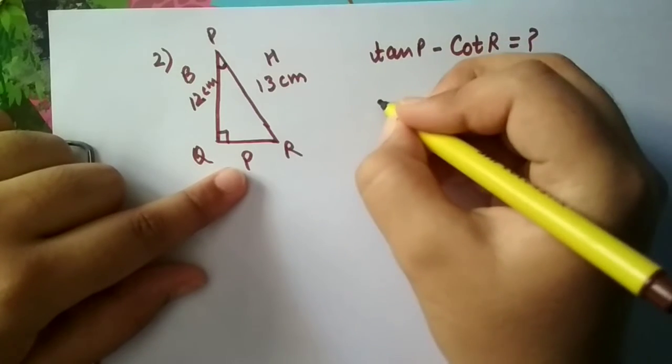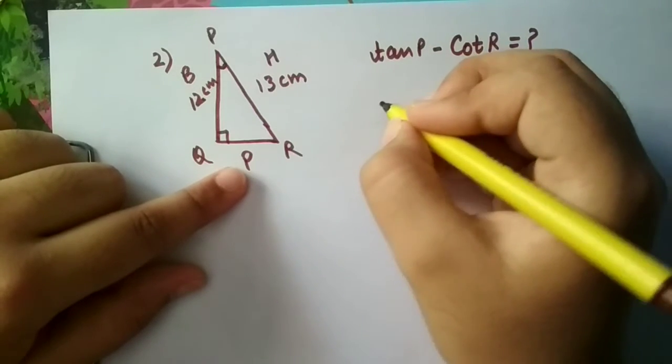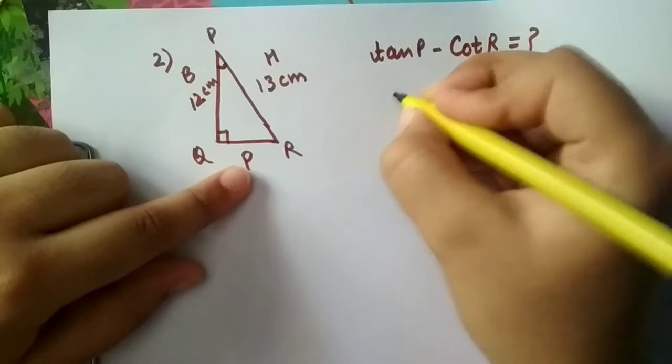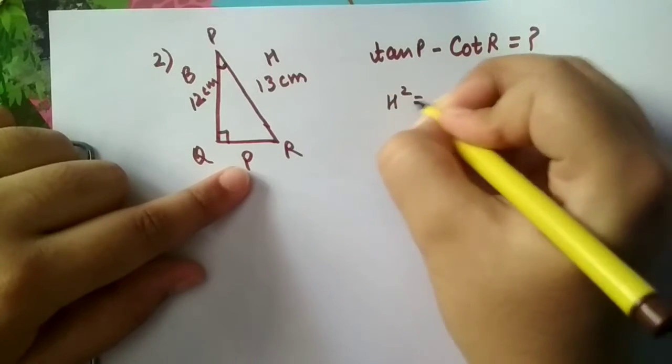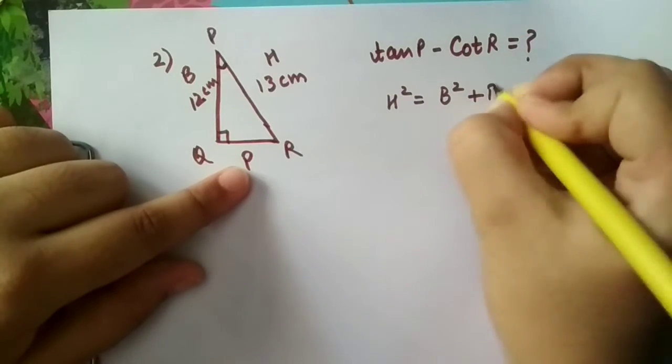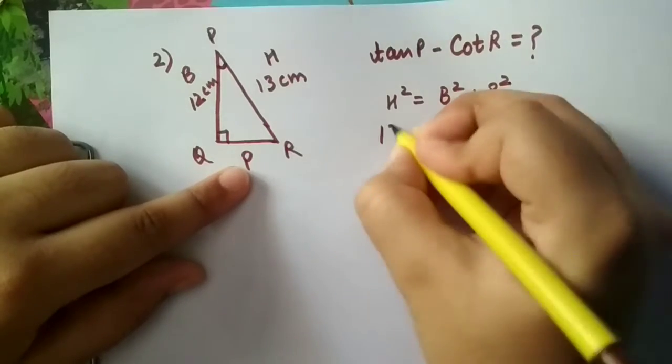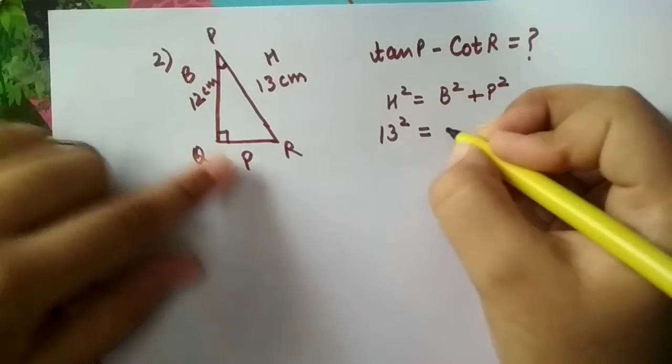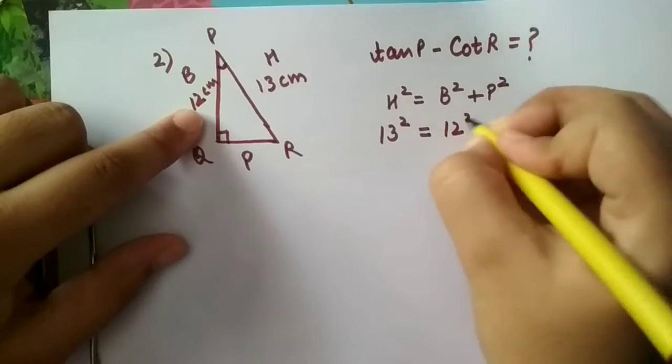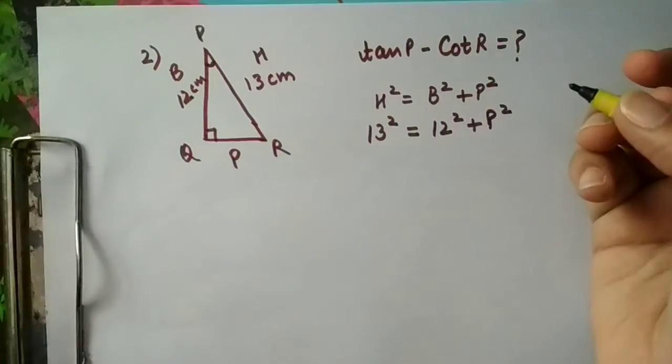We don't have the value of the perpendicular, so we will use the Pythagoras theorem. Hypotenuse square is equal to base square plus perpendicular square. So 13 square is equal to 12 square plus P square.